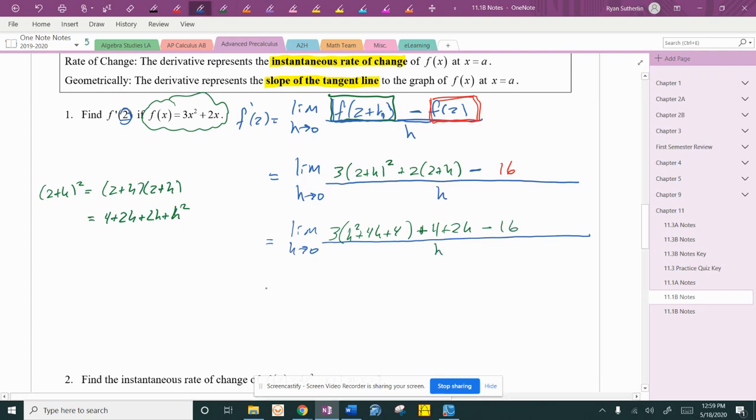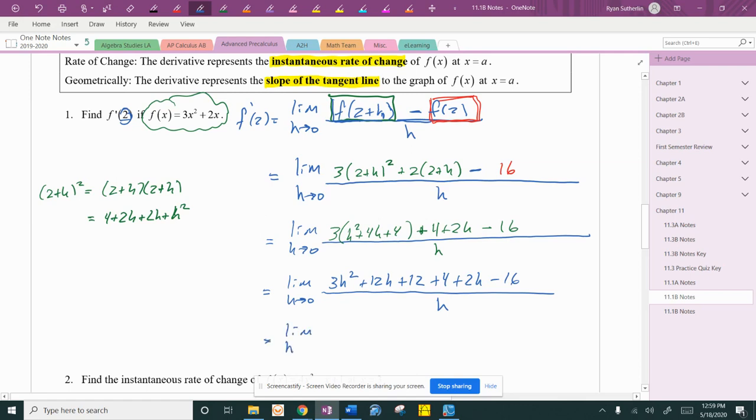So now, let's simplify a couple more steps. So I have the limit as h approaches 0 of 3h squared plus 12h plus 12 plus 4 plus 2h minus 16 all over h.